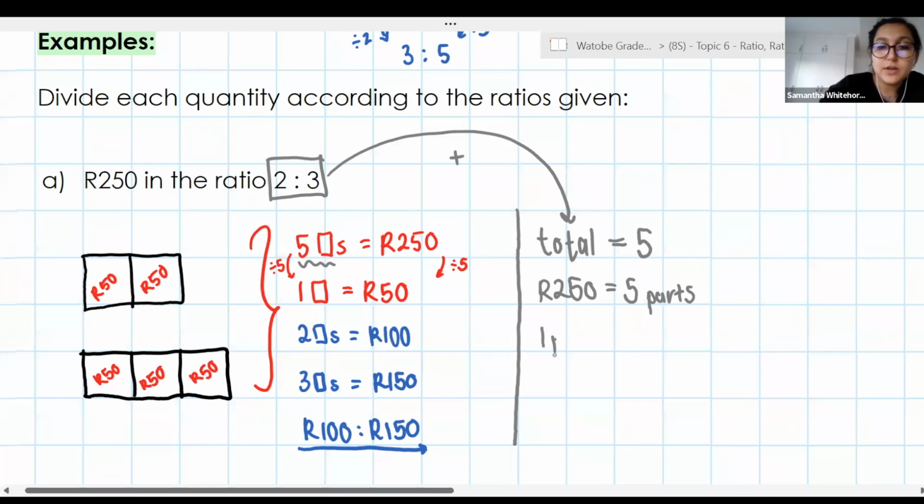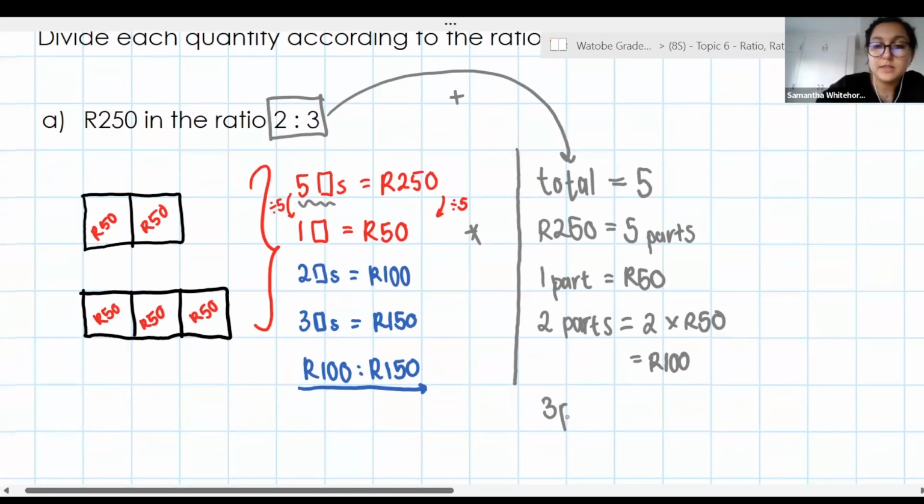And so I can work out that 1 part to my ratio is equal to 50 Rand. Very similar to what we said in our second step over there. Now I can work out how to divide this 250 Rand. 2 parts is 2 times 50, which gives us 100 Rand.